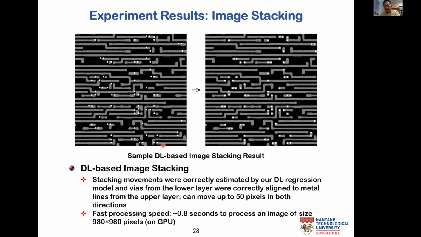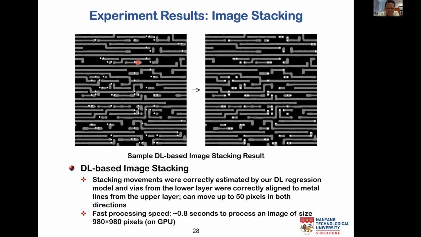Next is image stacking. For image stacking, we use another method. We use a DL regression, because the output is not just 1 and 0. We want to ensure that there are 2 layers here. For example, one layer is the white color dot, or the via on the metal layer, and this is on another metal. You want to ensure that this via is stacked nicely onto another layer, which is on the metal line.